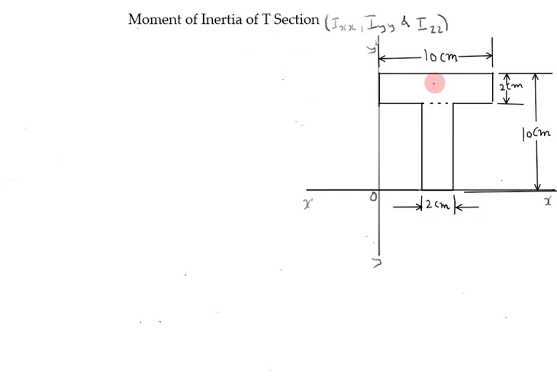So divide this T shape into two elements. This is the first element and this one is the second rectangle. So this T shape is divided into two rectangles.